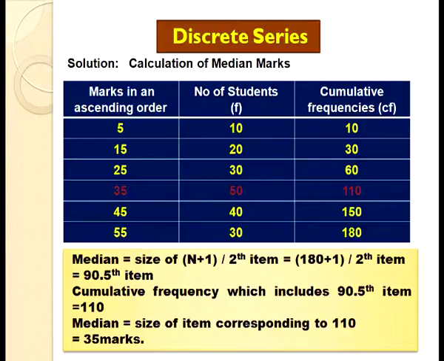As you can see, I have highlighted the whole row. We find this 90.5th item in 110. Now just see, the cumulative frequency which includes the 90.5th item is 110, so median would be 35 corresponding to this cumulative frequency. That is, median over here comes to 35 marks.